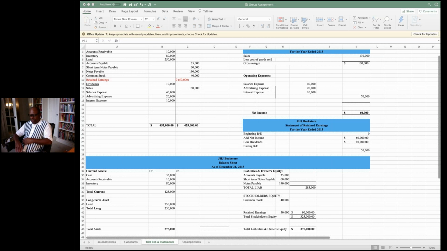What's the third closing entry? Is it retained earnings or income summary? Both of those accounts.